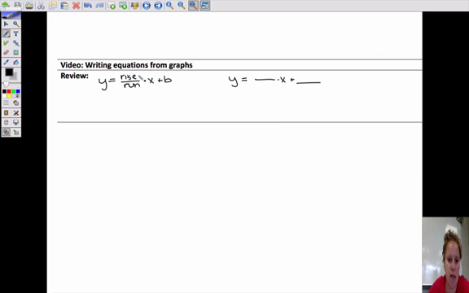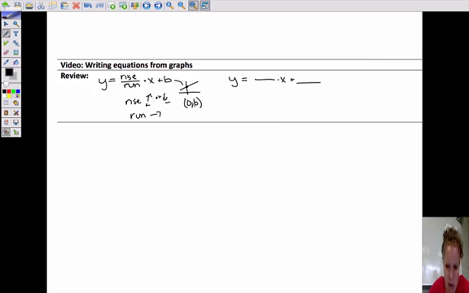We know the rise is how much we go up or down. We rise up when it's positive. We rise down when it's negative. We always run right. And we know that b is where the line crosses the y-axis. It's the point (0, b).